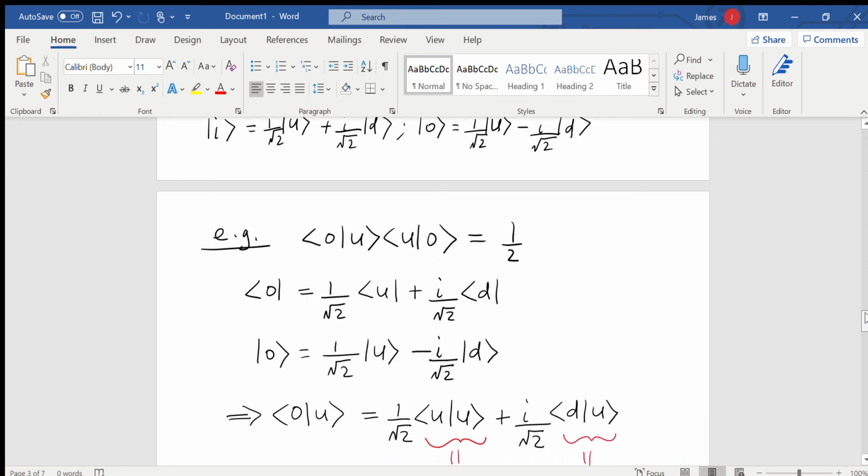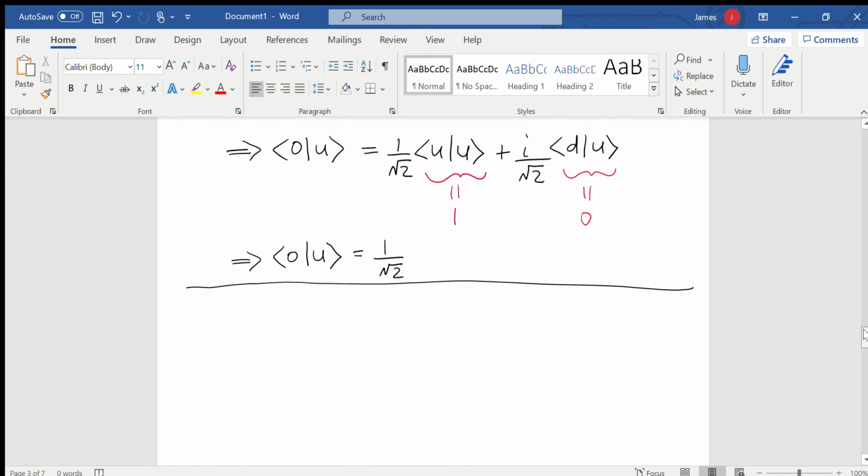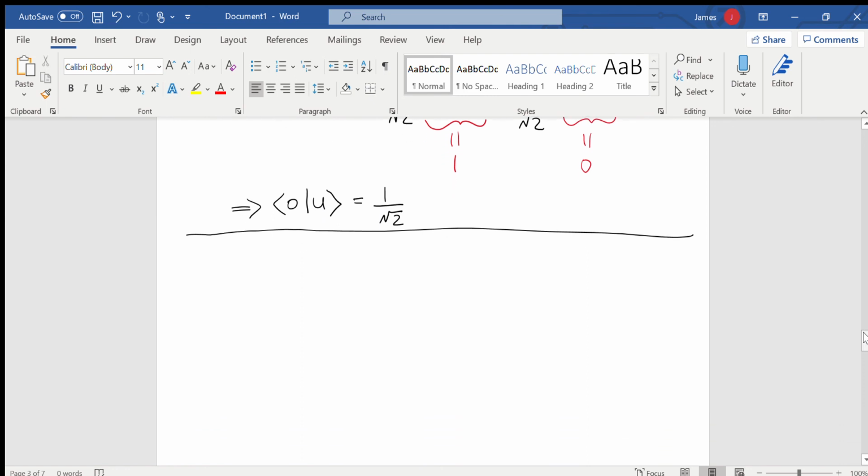Now let's look at the <up|out> bracket. Well, that equals 1 over root 2 <up|, and then I hit the out with that, which is |up> minus i over root 2 |down>.